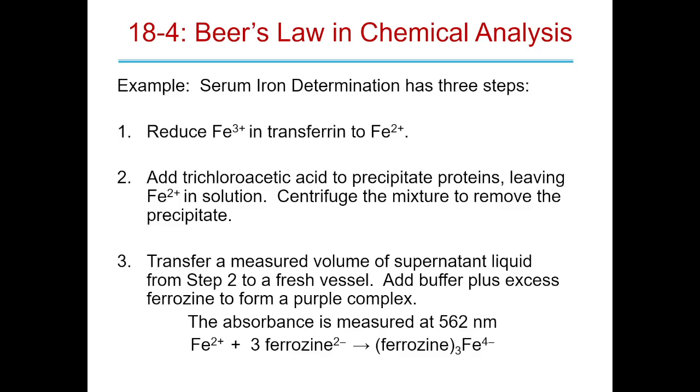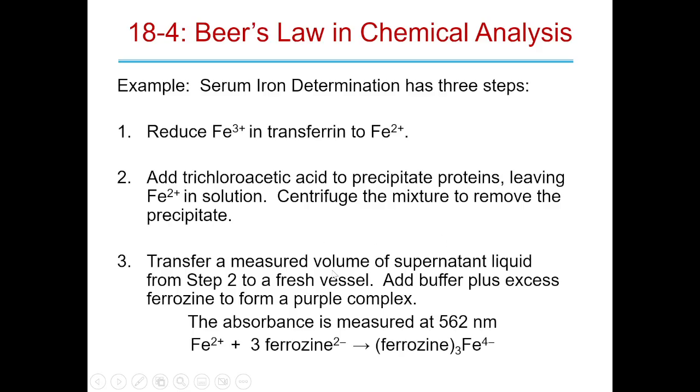They absorb many different types of radiation. So you need to get rid of those other signals, right? So if you have all these other signals, this could interfere with your absorbance, right? And so you add the trichloroacetic acid to precipitate your proteins. This will leave you with the iron 2+ in your solution.